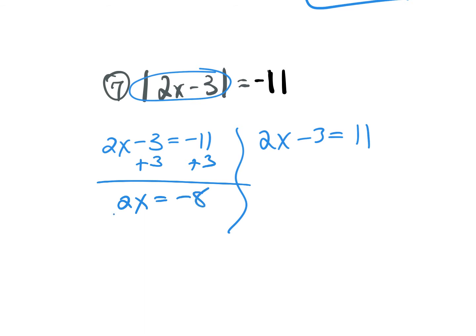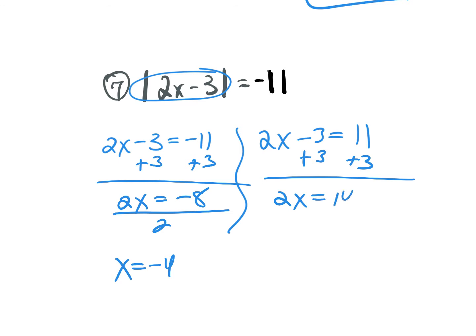Negative 8. Divide by 2, I get x equals negative 4. Good. Right-hand side, add 3 to both sides. I get 2x equals 14. Divide both sides by 2, and I get x equals what? 7.